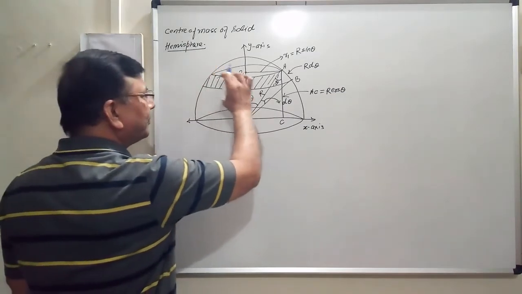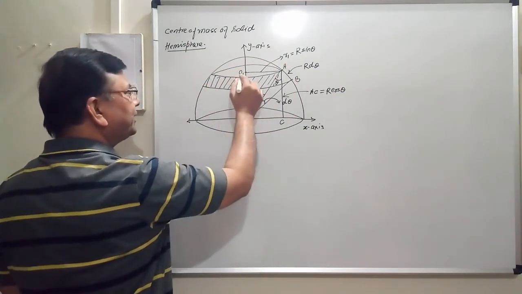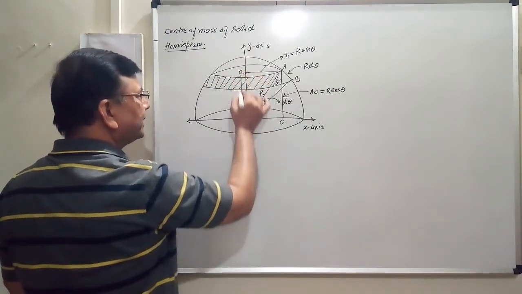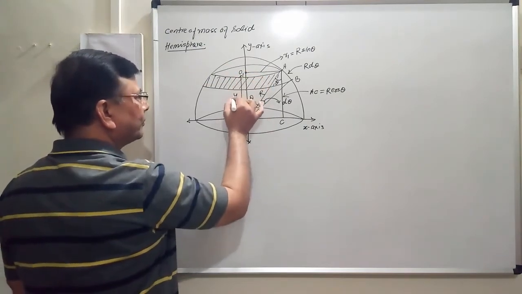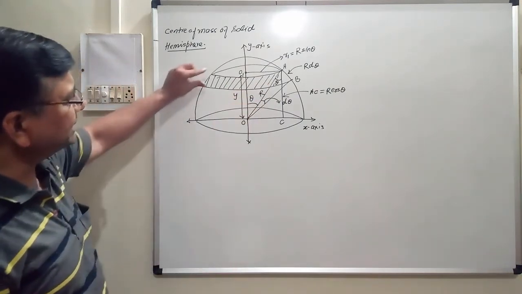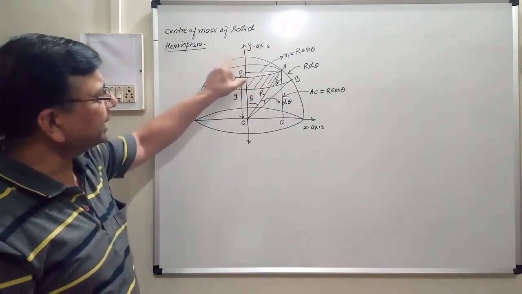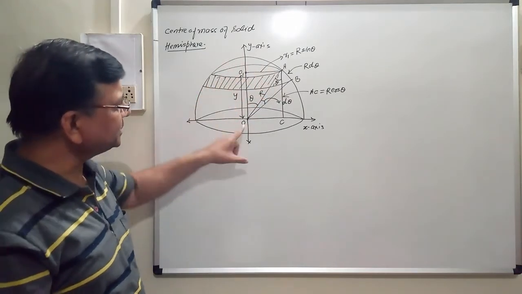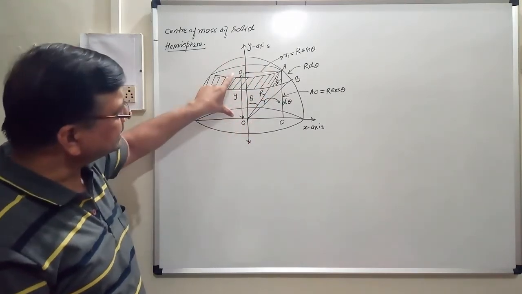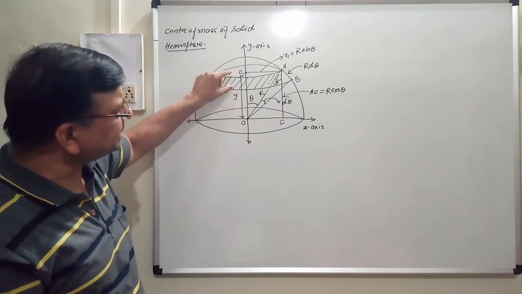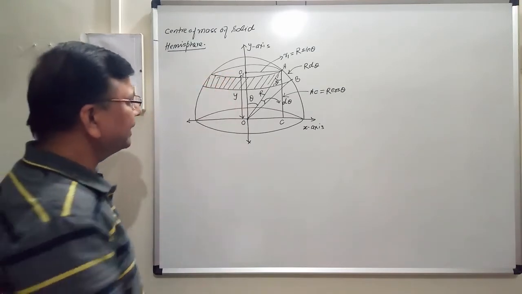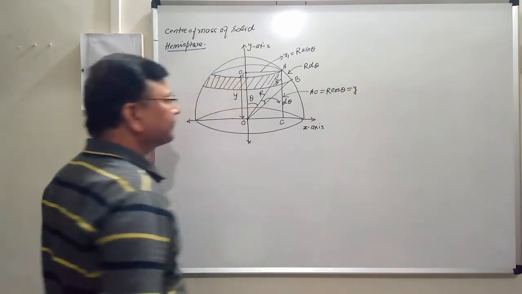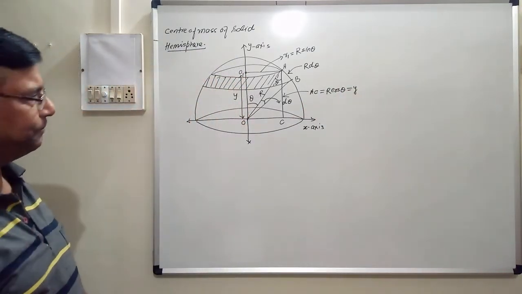The center of mass of this elementary disk is O1 and its distance from O is y. Because thickness is very less, the center of this disk will be O1. Therefore, we can say AC is equal to y. So this much of the figure is clear.